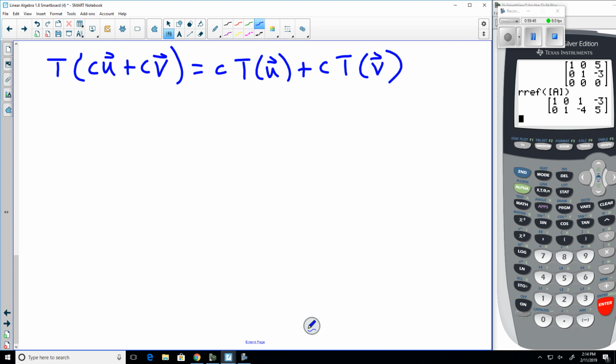That counts for both. If that one passes, then it's linear. But sometimes it's easier just to do one at a time.